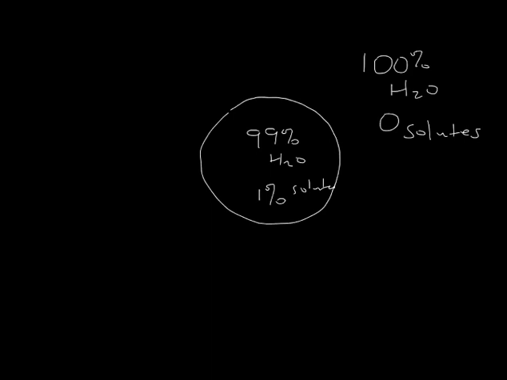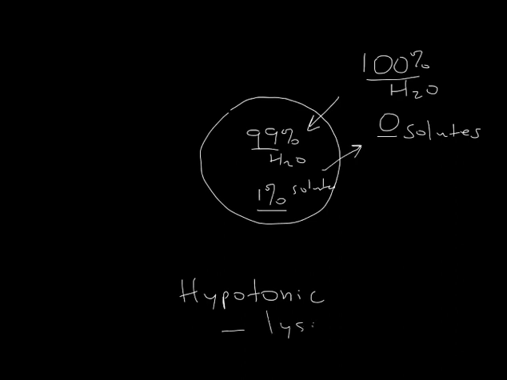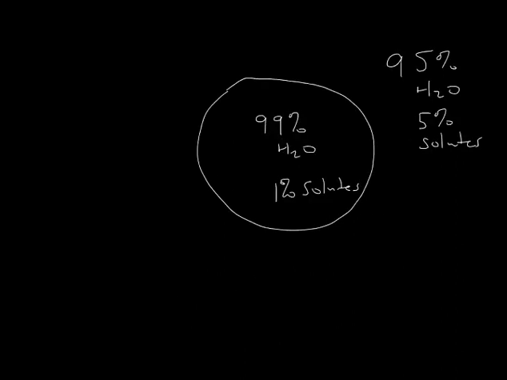When there's a higher amount of solute inside the cell than outside the cell, and a lower amount of water inside the cell than outside the cell, this is called the hypotonic condition. Based on diffusion, water would then move into the cell while solutes would move out of the cell, and could result in what is known as lysis, or splitting, of the cell.